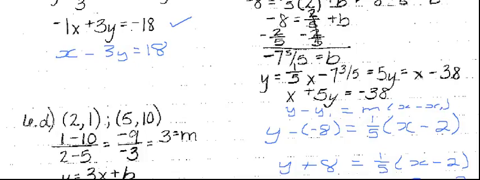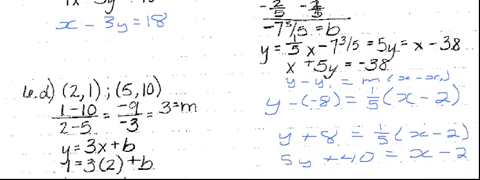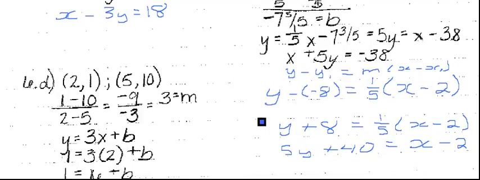Now you can use that method you're using for all kinds of questions, but I find that this formula works better at all times, or for almost any question. Here we have y minus minus 8, so of course that gives us y plus 8. Our slope is 1/5, and then we have x minus 2, because that's from our point, which was 2, negative 8.